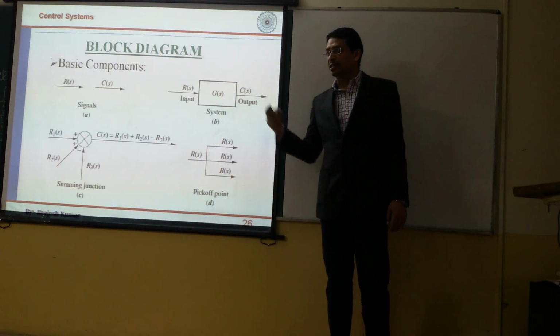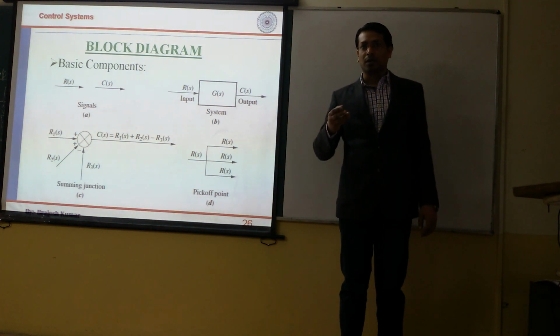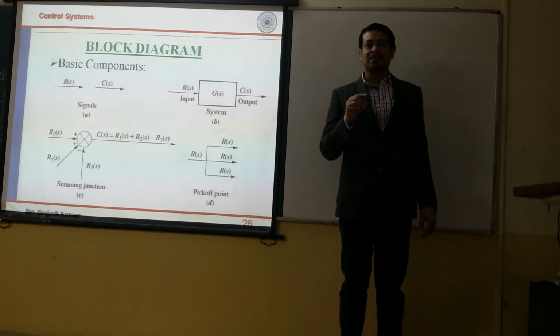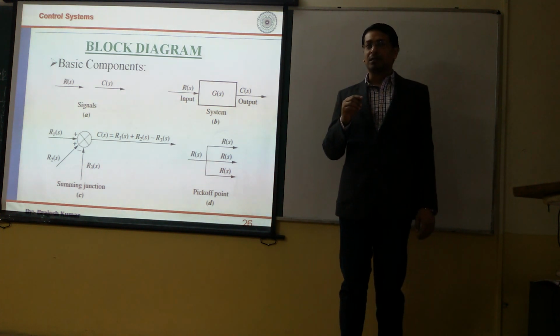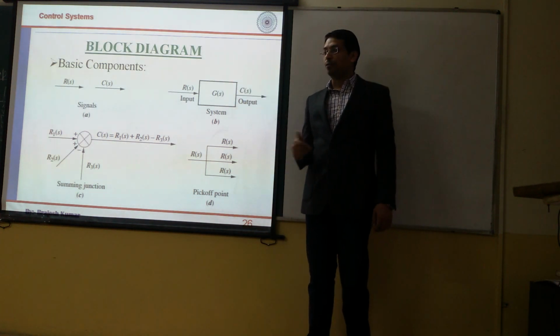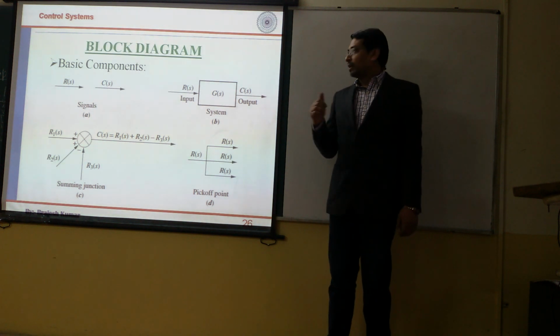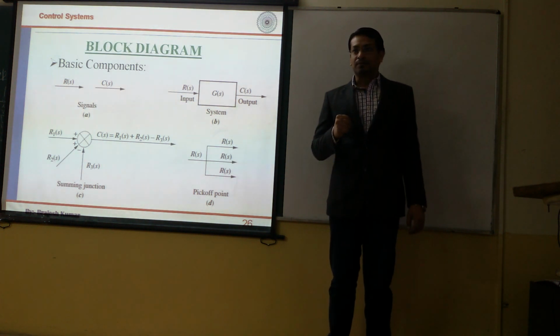First one is your signals. Whatever may be the input coming into a block or the output going out of a block is represented as an arrow. Here R(s) is your input signal, C(s) may be the output signal. Second component is system. Whatever your system may be, we are going to represent it as a transfer function.